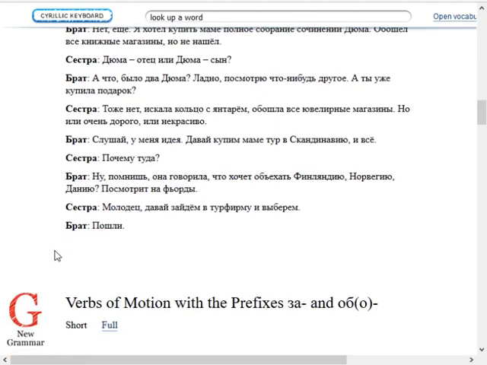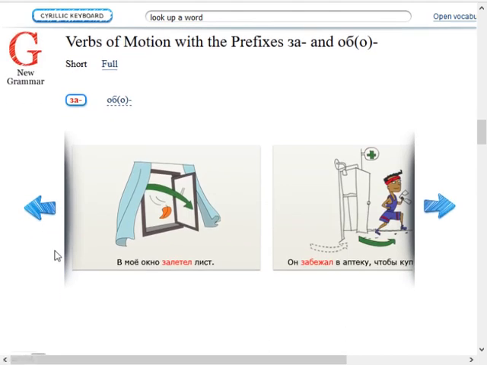Пошли, let's go. Okay, so here we have now some examples of verbs using за. For example, в мое окно залетел лист. So the leaf flew in through the window. It's not really clear why they're using за here. This is kind of a confusing usage because it's not necessarily apparent why you'd use за in this context.